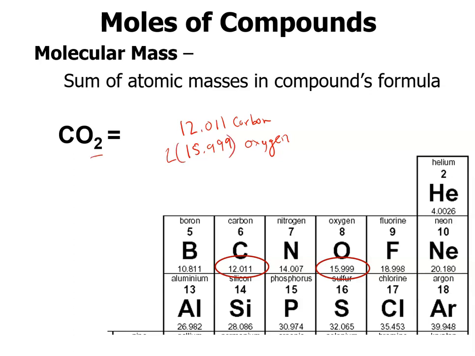With this subscript, it says we have 2 oxygen. If I add these all up, that is going to give me 44.009 grams per mole. This means grams per mole. So I can add these all up and get a molecular mass for this compound.